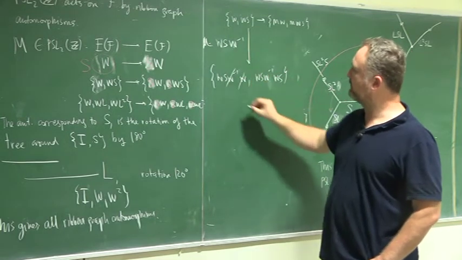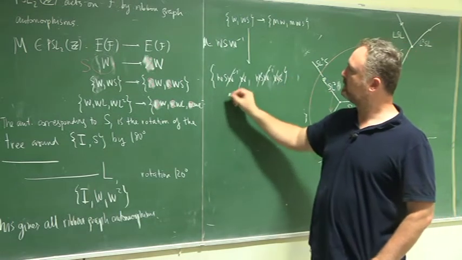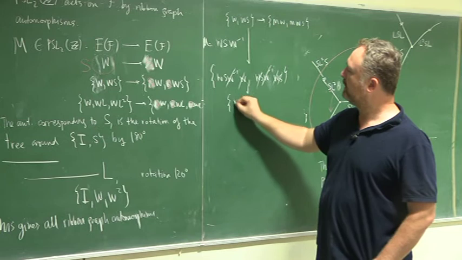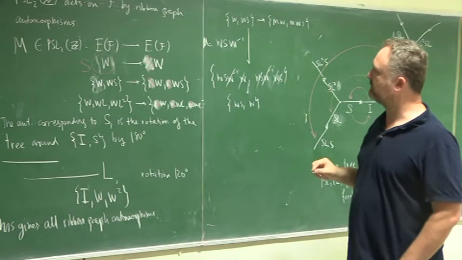So after simplifications, these two cancel each other, and these two cancel each other. So this is sent to WSW, which is the same vertex as before.